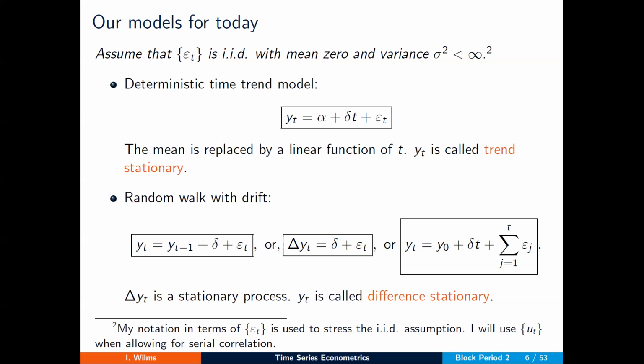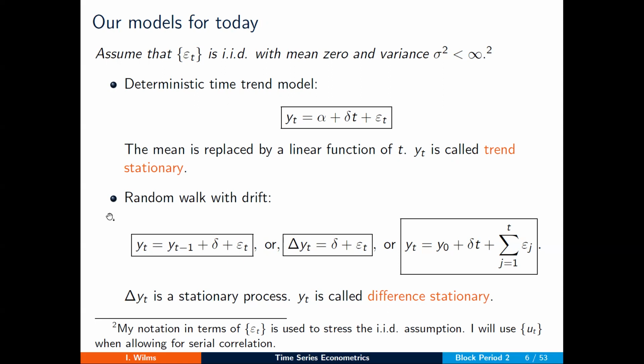And since these are IID, the deviations around the trend line are stationary. So the movements of our time series around the trend, the oscillations around the trend, are stationary. And that is why the time series is called a trend stationary process.